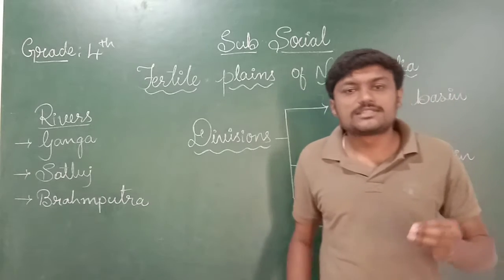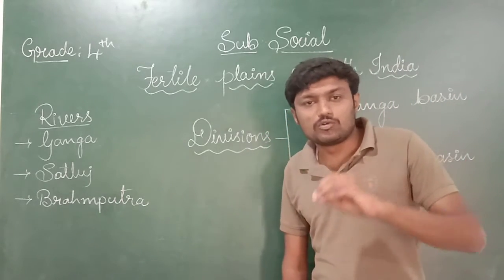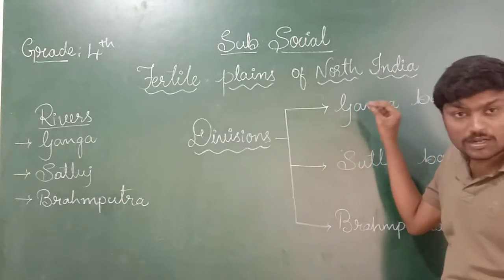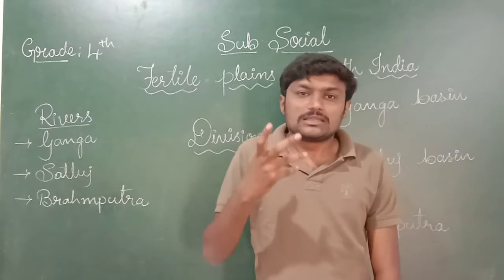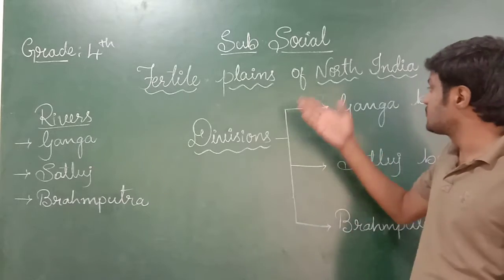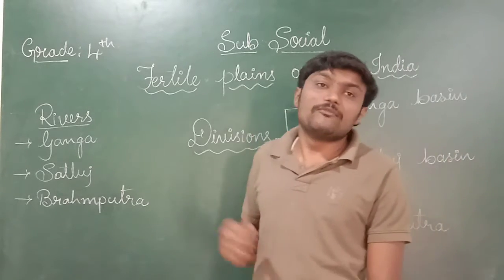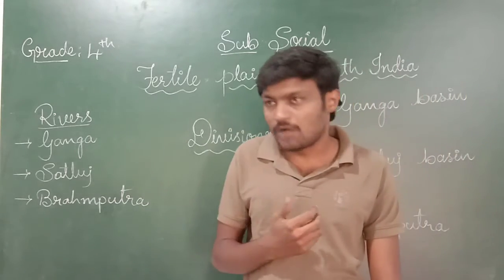The soil brought by the rivers is very fertile and very good for agriculture. So the fertile plains of North India are called the food bowl of India, because the majority of paddy grown in our country is from these plains. It plays a major role in the agriculture and economy of our country.